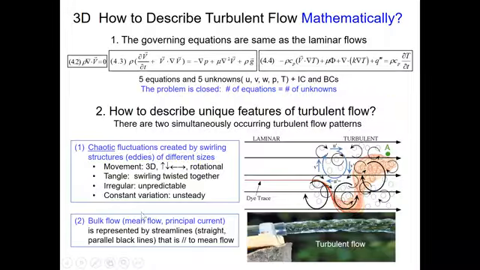Even though the turbulent flow has its unique chaotic fluctuation pattern, it also has a determined flow pattern that would be the bulk or mean flow. For example, when the water comes out of the hose, we can tell the mean flow is moving forward, which is represented by the streamlines, the black parallel lines.